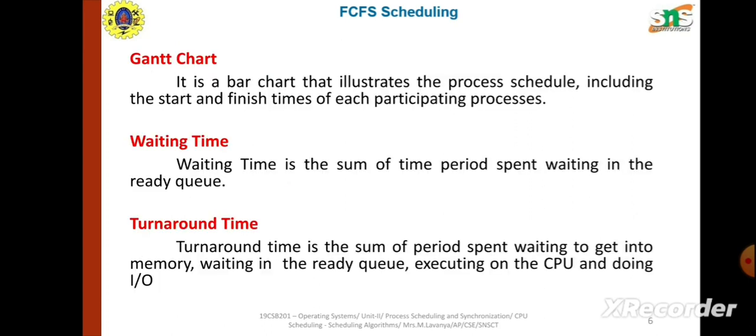The Gantt chart is nothing but a bar chart which illustrates the sequence of process execution along with its starting and completion time. Waiting time is the total amount of time spent by a process in its waiting or ready queue. And the turnaround time is the total amount of time spent in the queue along with its completion time.